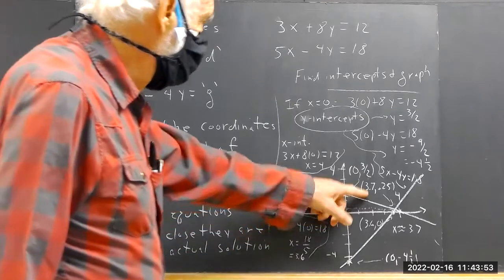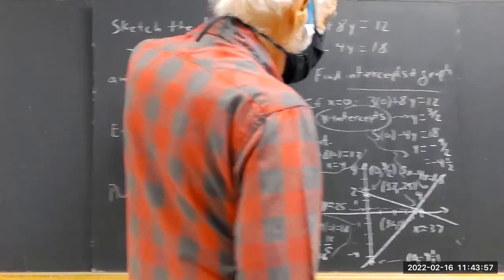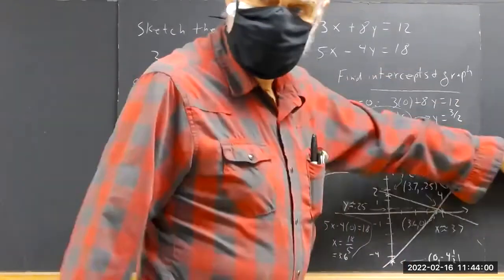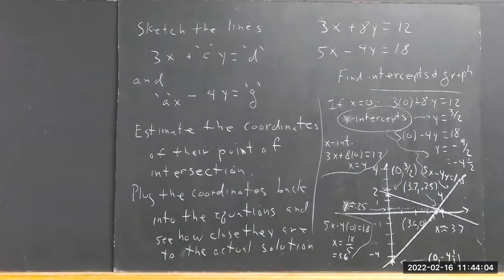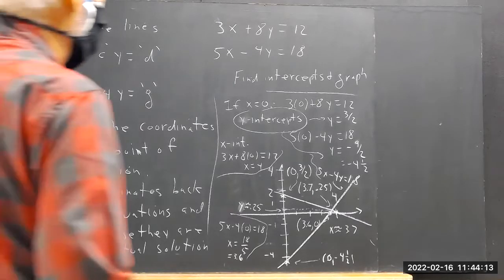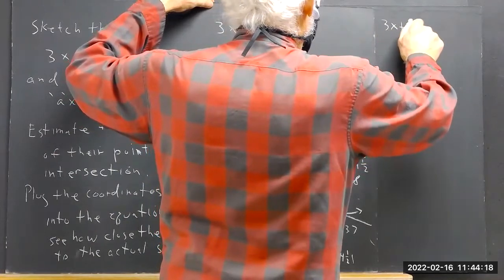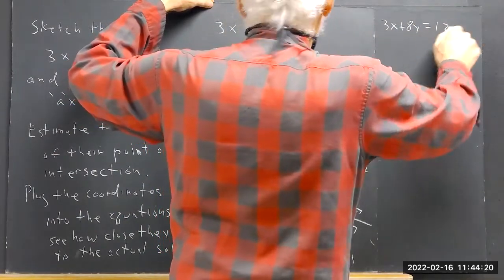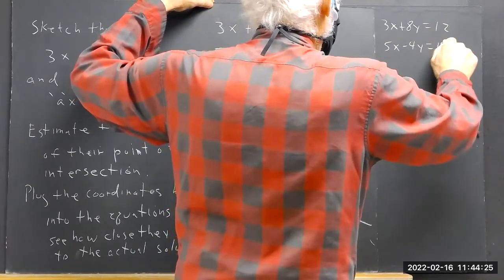Well, now I plug these numbers back into the equation. Things get a little crowded here, so I'm going to go all the way over here and do that. So we have, again, 2x plus 8y is 12, 5x minus 4y equals 18.